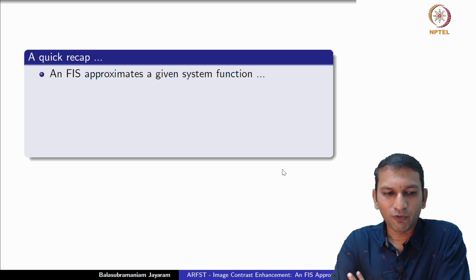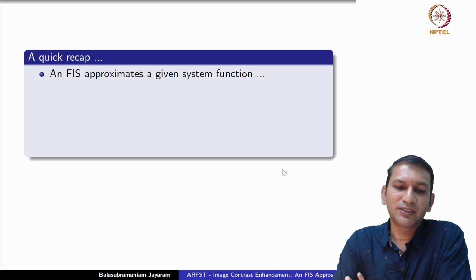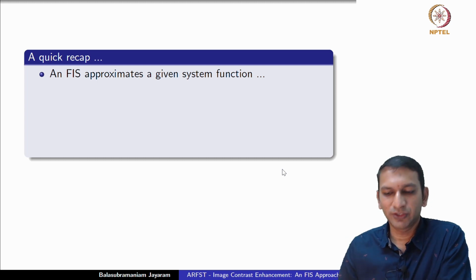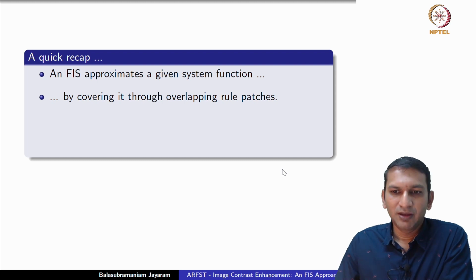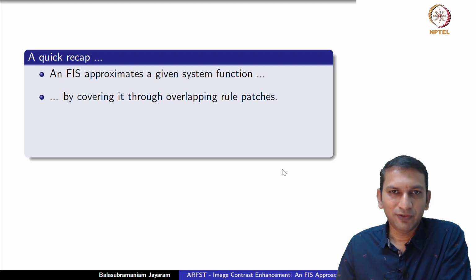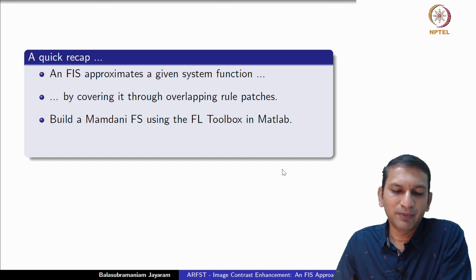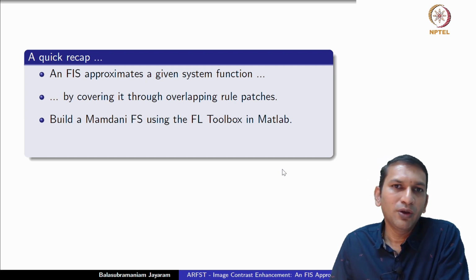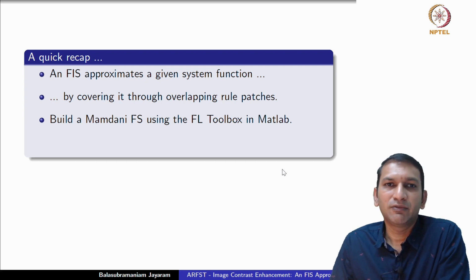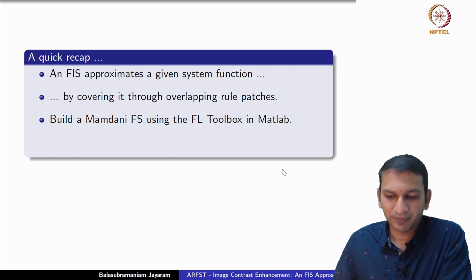A quick recap of what we have seen in this lecture. We know that a fuzzy inference system approximates a given system function by covering it with overlapping rule patches. Using that idea in the back of our mind, we built a Mamdani fuzzy system using the fuzzy logic toolbox in MATLAB, and we have shown how such a fuzzy inference system could be built for contrast enhancement in a given grayscale image.